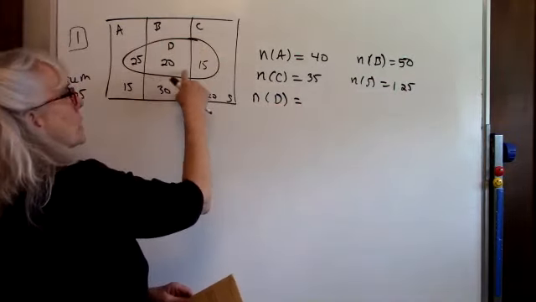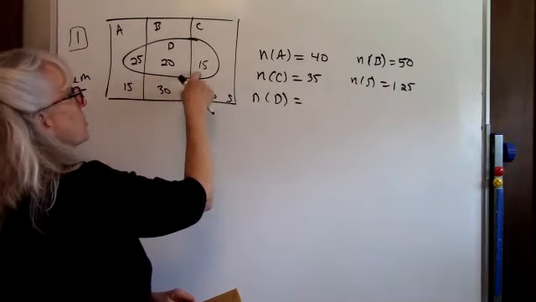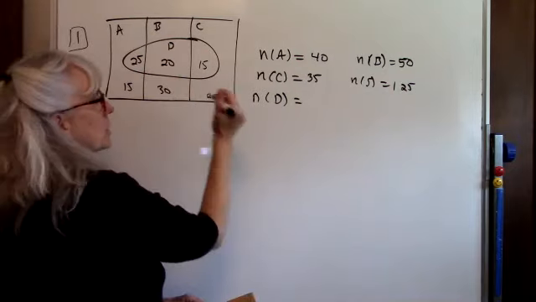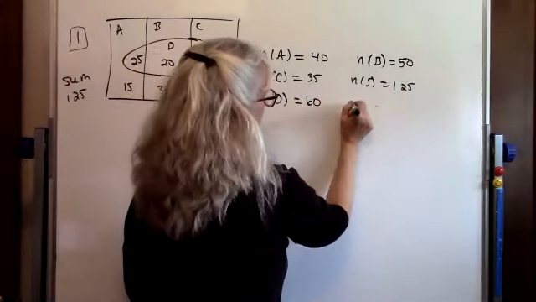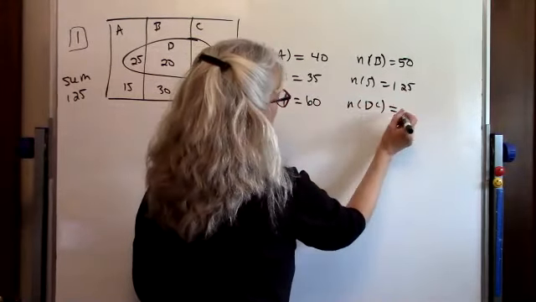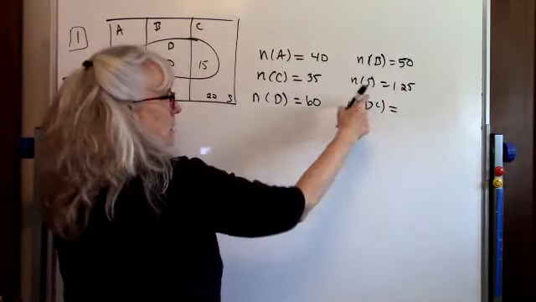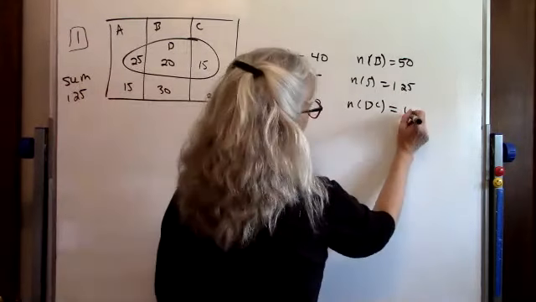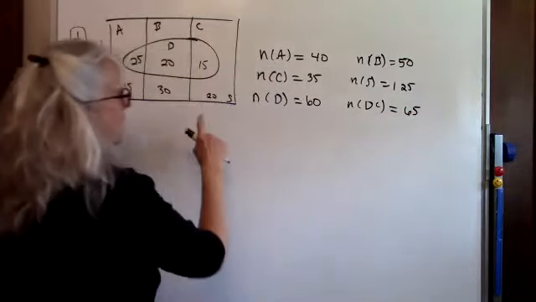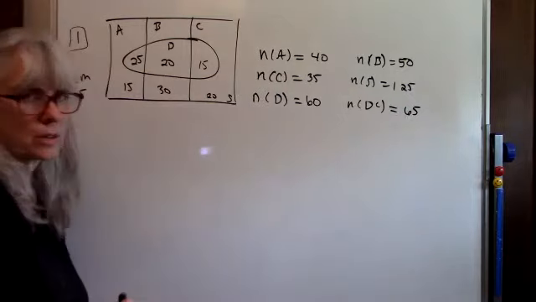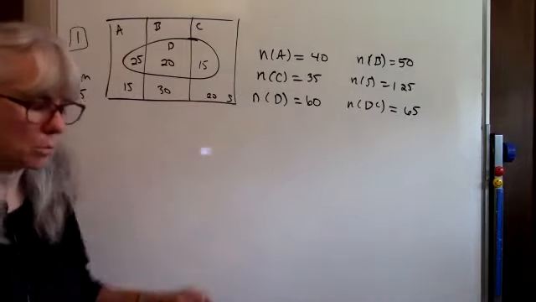Well, that's 25 plus 20 plus 15. So that would be 40 plus 20, which is 60. And the number in D complement, well, D and D complement make up the sample space. So 60 from 125 is 65. I could also find that by adding 20, 30, and 15 together. So that's just the raw counts on the numbers.